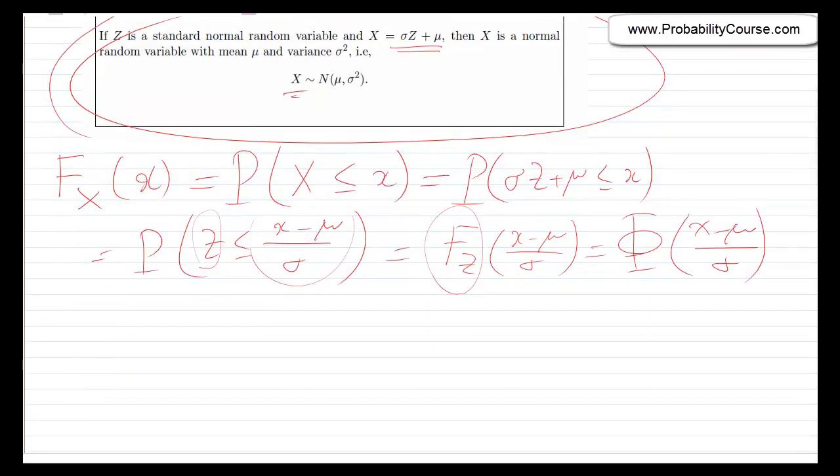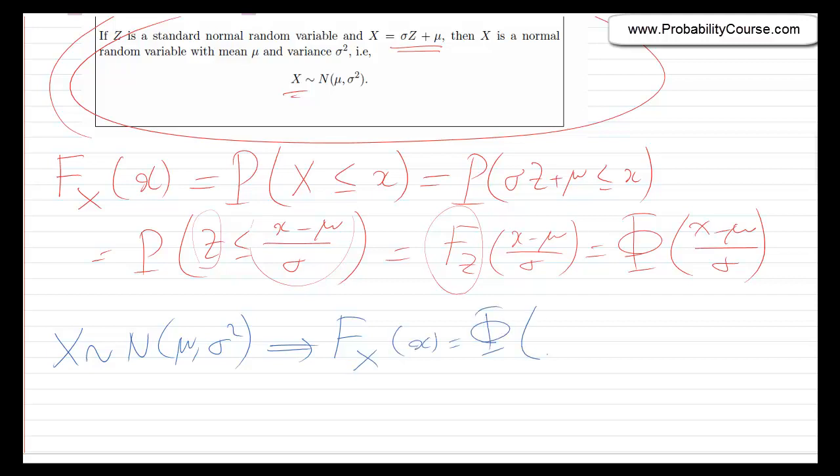So we say that if x is normal with mu and sigma squared, then its CDF F_X(x) is phi of (x minus mu) over sigma. How about its PDF?